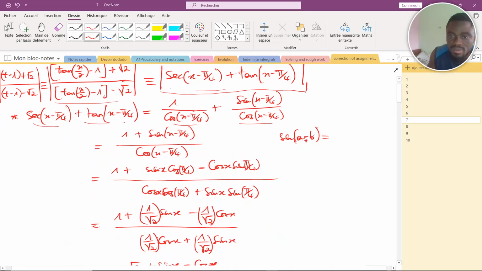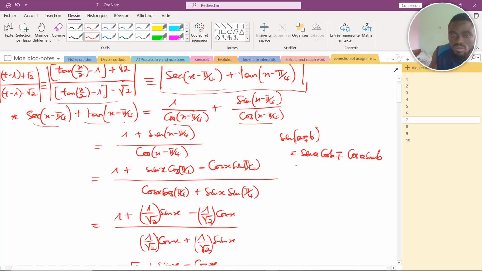Sine of a plus or minus b is equal to sine a cos b, you keep the same sign, plus or minus, because here was minus plus, I place the minus on top. Now on the other side, it will be cos a sine b.